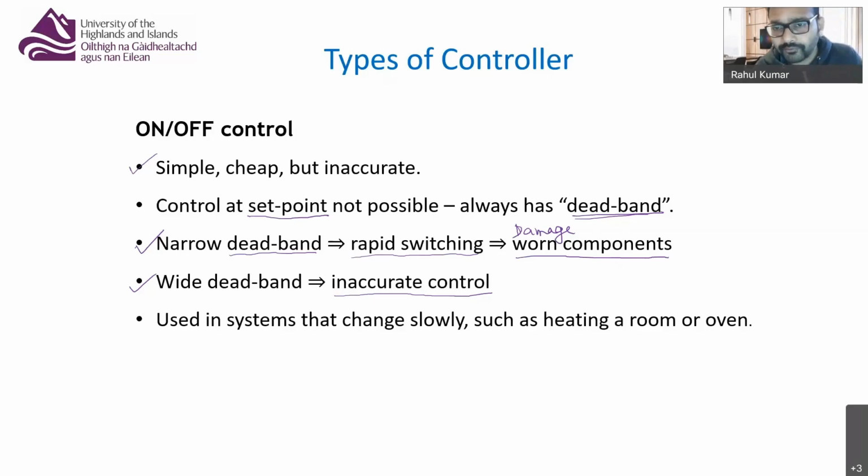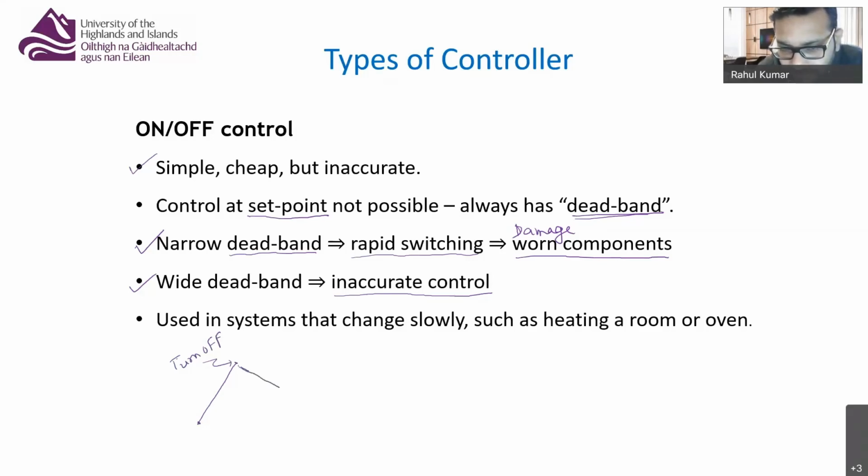So this type of on-off controller is used to control a system in which the variable changes very slowly. Take temperature, for example. Once you turn off the heating system, the temperature does not fall immediately, right? So once you heat the system up to a certain temperature and turn off the heating system, the temperature of the room will take some time to fall.